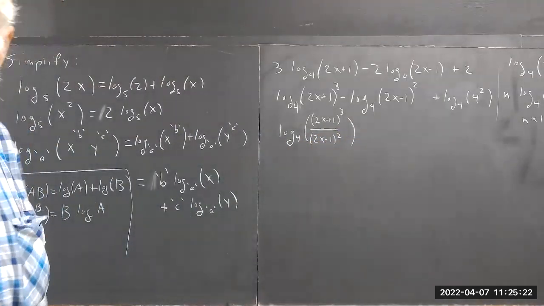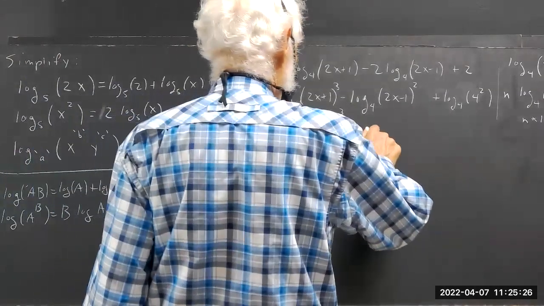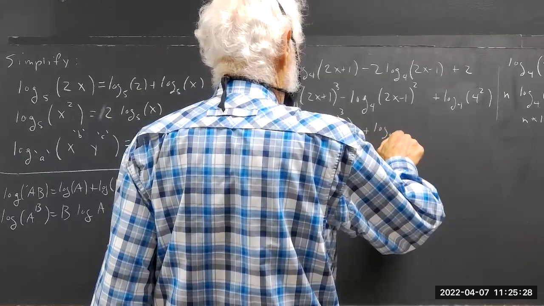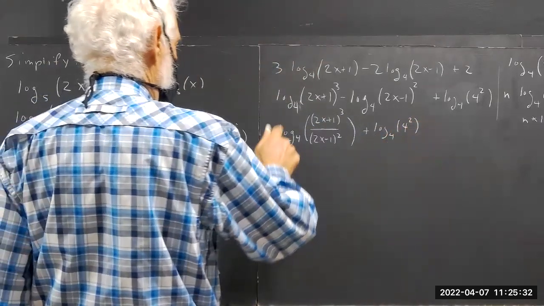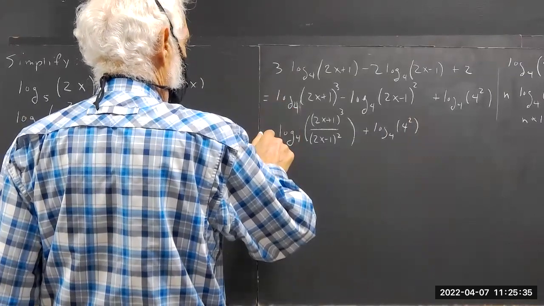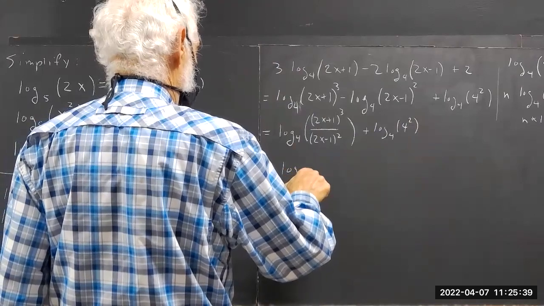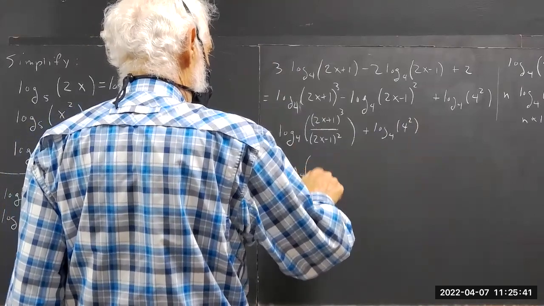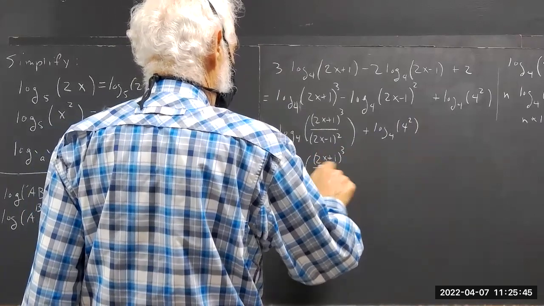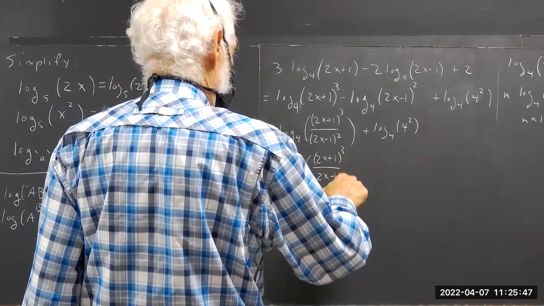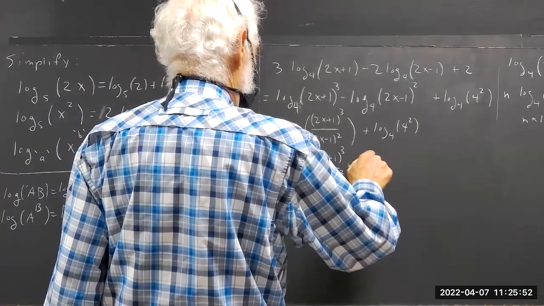Right. Like so. Okay. And then it's plus log base 4 of 4 squared. And that equals log base 4 of (2x plus 1) over (2x minus 1) squared, times 4 squared.